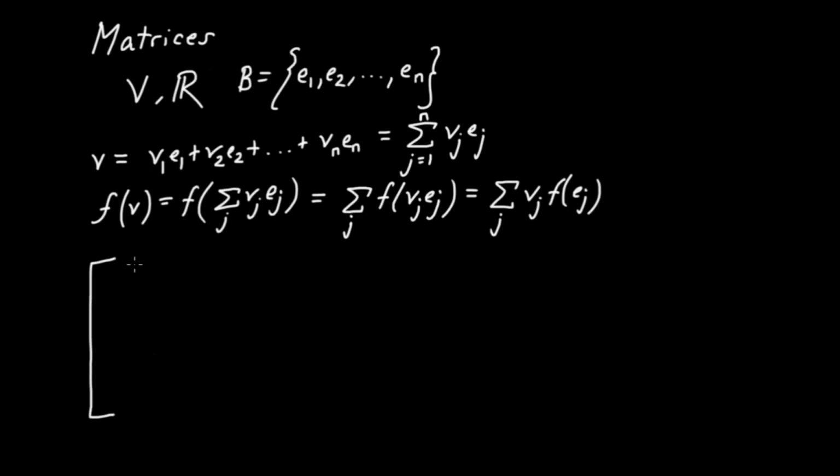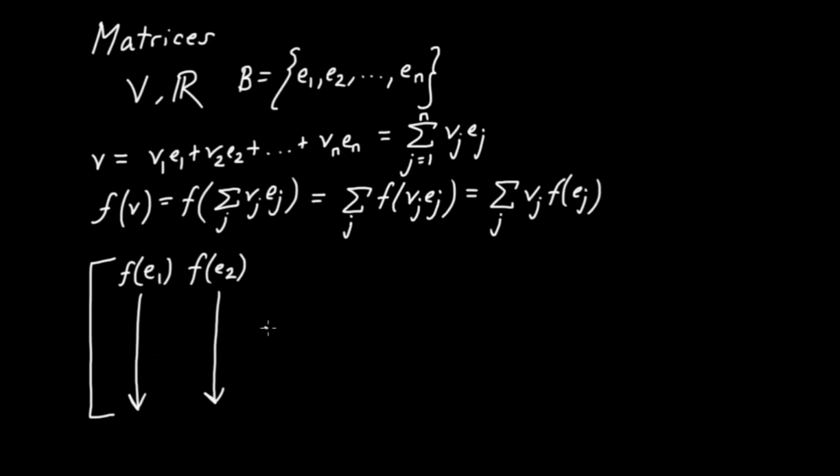So in the first column, we're going to have how f operates upon e1. That's going to be the first column. Next column over, we have how f operates upon e2, all the way down, where the components are, of course, listed down the column, components in this basis.